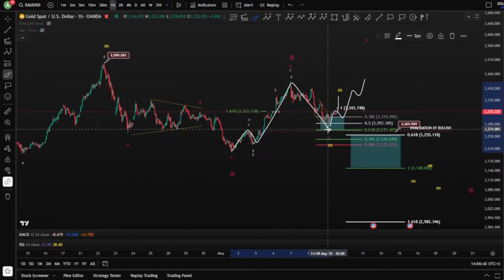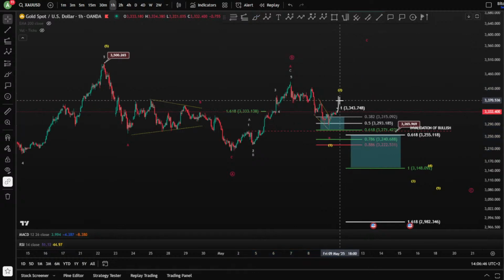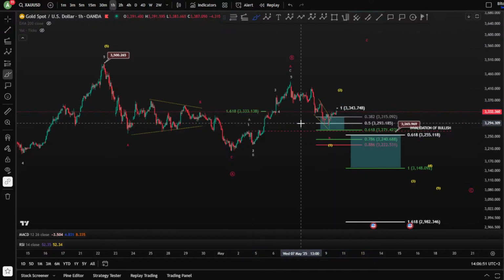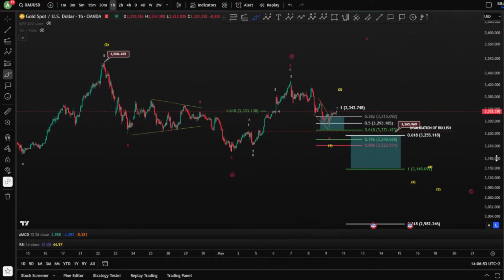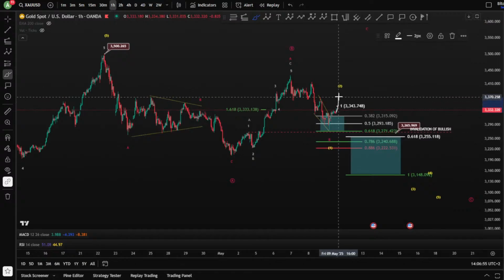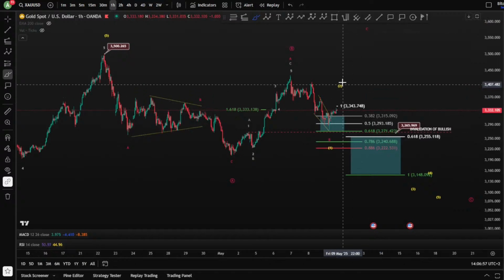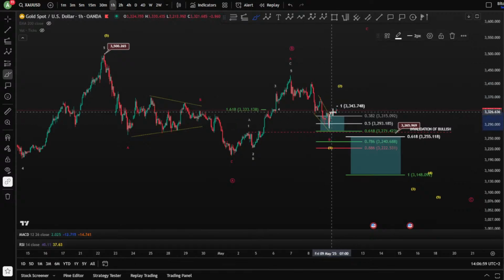But is it back? All right, here is the question mark. So yeah, the 1-to-1 fib level is still the key level on the 15-minute chart. Meaning if you take it directly, it is a confirmation we are in a wave 2 in a zigzag. Okay, if we don't take it and we move down a little bit and then retrace, you formed a 1, 2. Then comes the question mark.